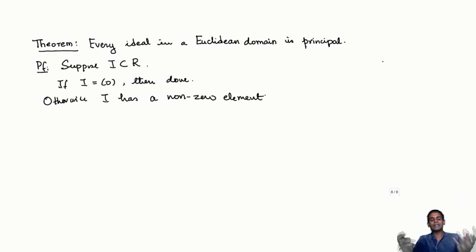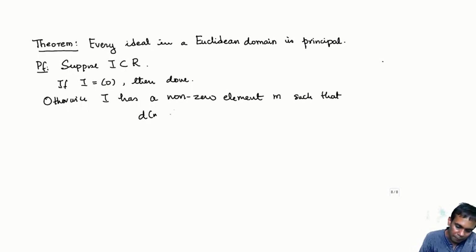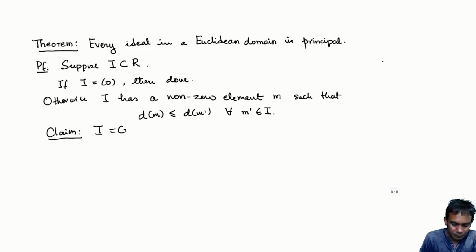and this function d, the size function on R, well, it takes non-negative integer values, so it must achieve a minimum value somewhere on I. So it has a non-zero element, let's say m, such that d(m) is less than or equal to d(m') for all m' belonging to I. Okay, and now I claim that actually m alone generates I. And how do we prove this claim?